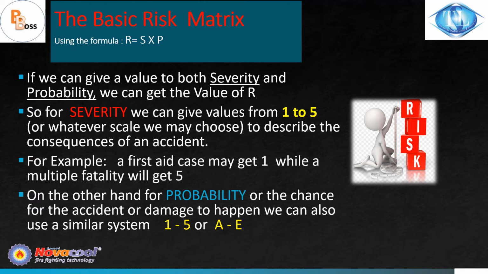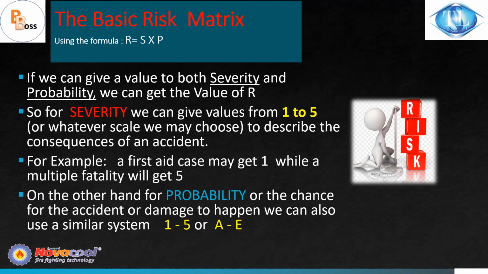On the other hand, for probability, or the chance of the accident, we can also give values from 1 to 5. 1 is very rare, or happened once somewhere in the world, and 5 means certain to happen, or happens several times.